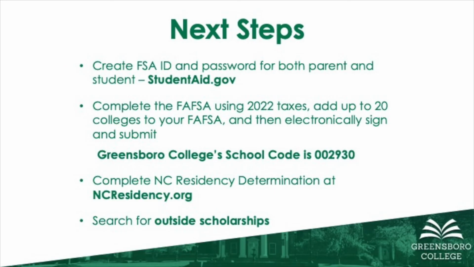All of this is done electronically. Complete the North Carolina Residency Determination at ncresidency.org. And make sure that you're searching for outside scholarships. Many deadlines for outside scholarships happen in the early spring, January, February, and March.